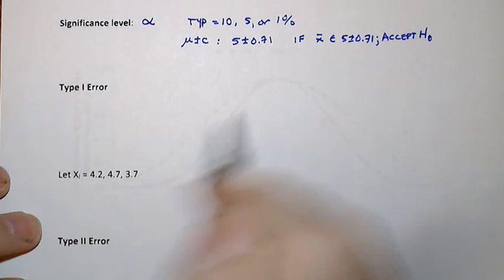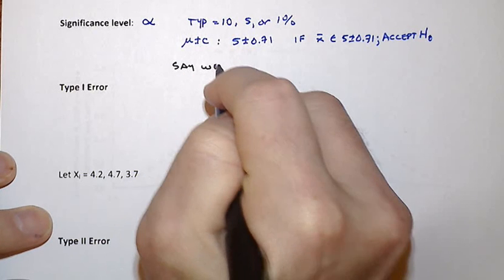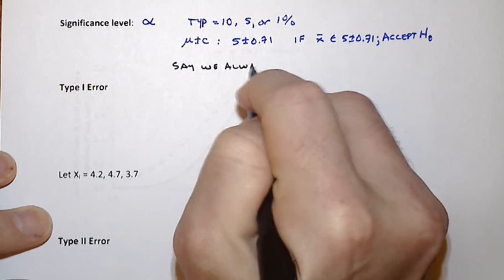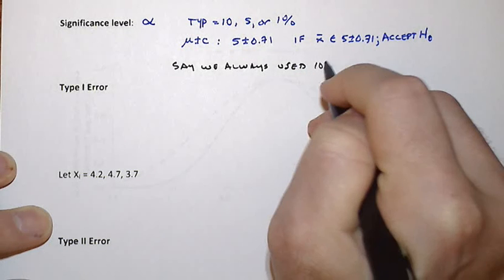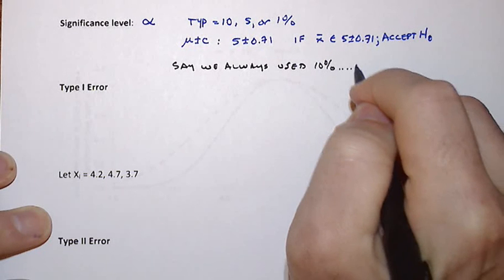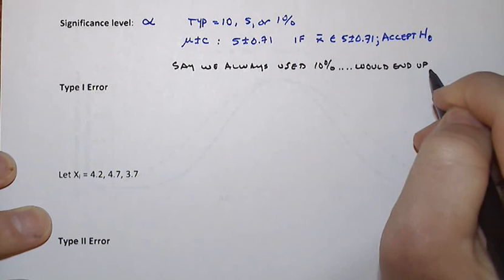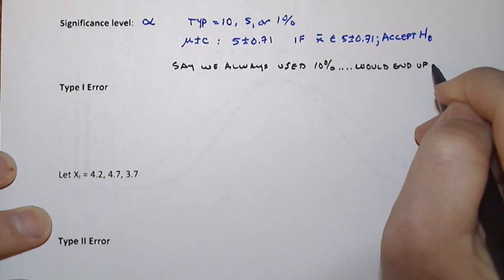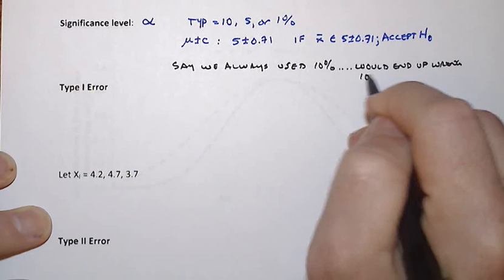Okay, that's again here a crucial aspect here. Let's say that we always used 10%, right? If so, we would end up being wrong or in error 10% of the time.